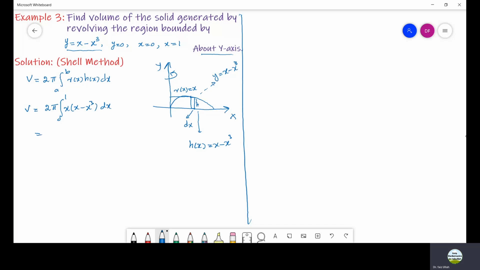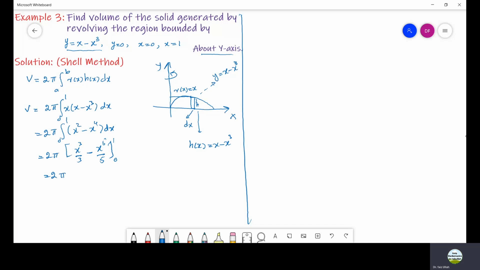Let us integrate this. We have 2π ∫ from 0 to 1 of (x² − x⁴) dx. From this we find 2π times (x³/3 − x⁵/5), limits from 0 to 1. Let us put the limits.